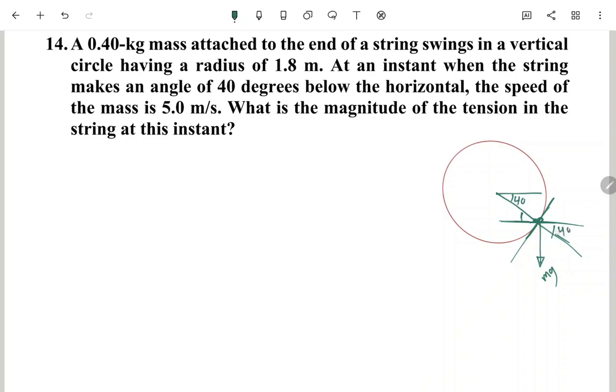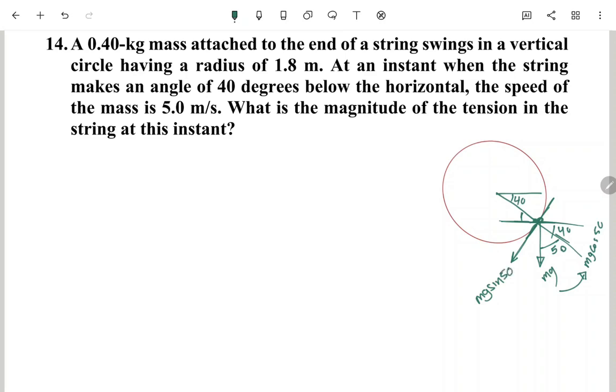So if this is 40, this will be 50 degrees. Now you analyze this one here, mg cosine 50, and this one right here, it's mg sine 50.